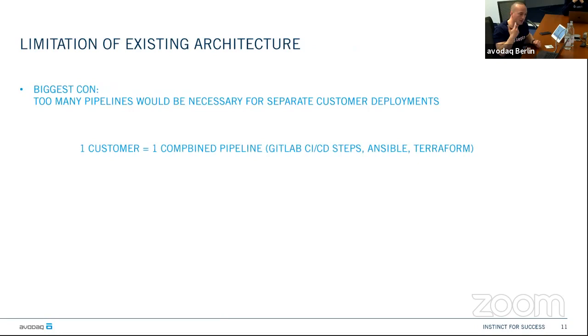To give you a better understanding of one aBOI deployment, this is what we did before we started the project together with the Keptn guys. One project is a lot of combined pipelines. We have GitLab CI/CD steps, we have the Ansible steps, and then, of course, the Terraform steps. This is the combined pipeline.